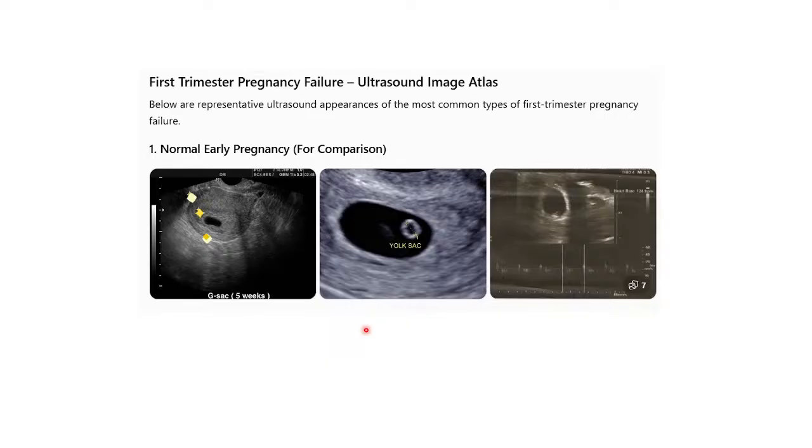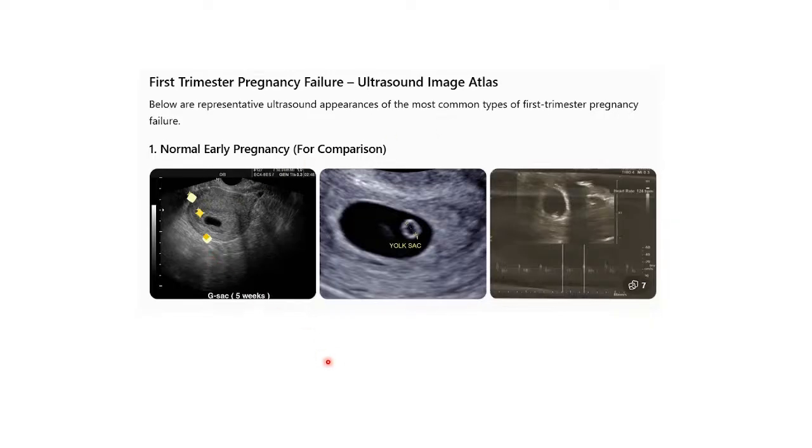These are the diamonds, not emeralds. This is the atlas of first trimester pregnancy failure. Below are representative ultrasound appearances of the most common types of first trimester pregnancy failure.